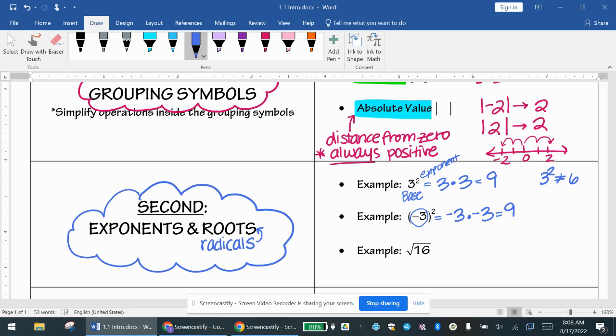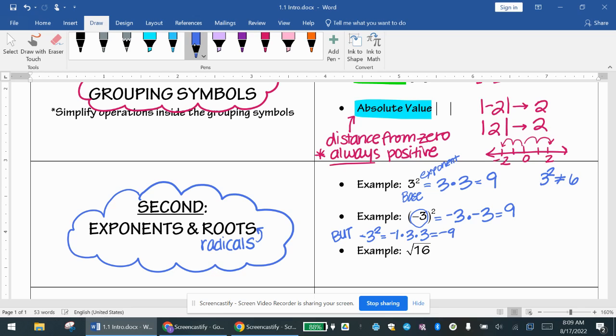If the parentheses weren't there, then the negative would only show up one time as like a -1, and then the 3 would show up twice. That would be an answer of -9. But if the negative is a quantity, if the negative is included and you're multiplying it twice, then negative times negative is positive.